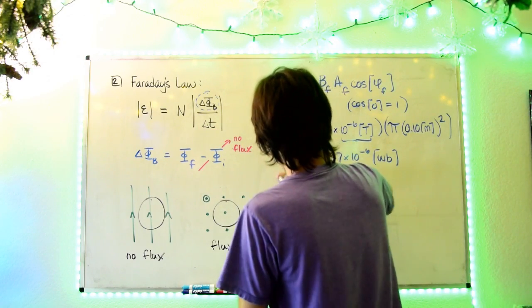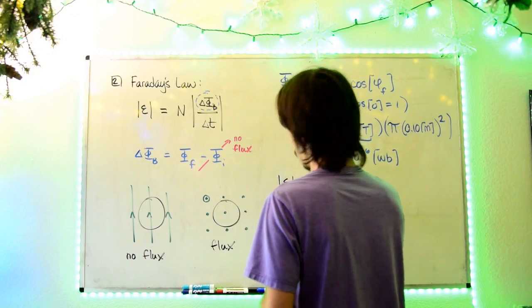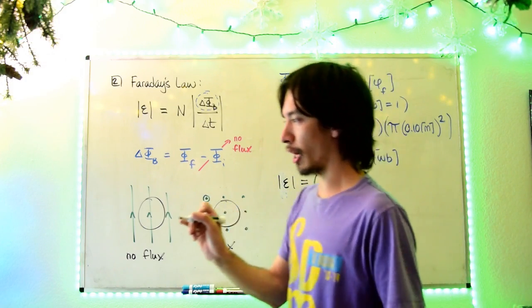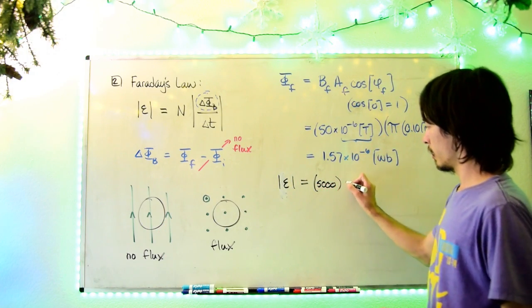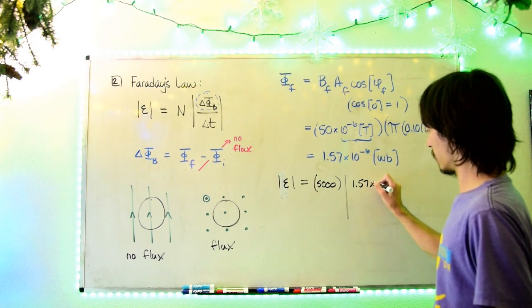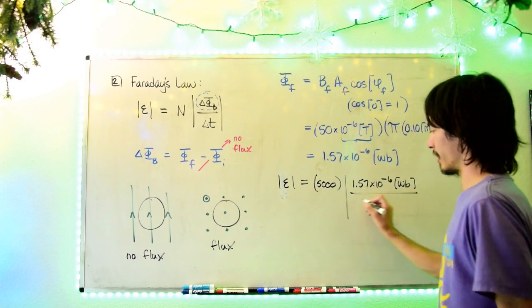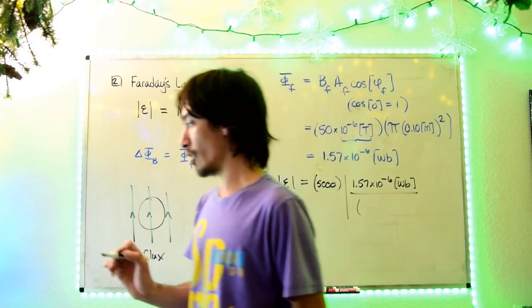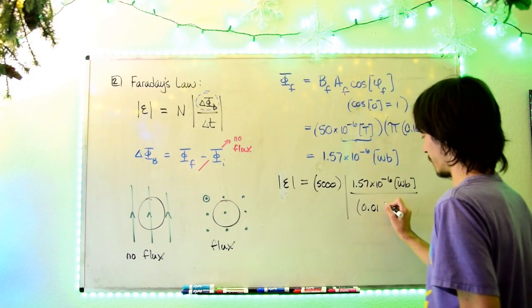So the induced EMF or voltage is number of loops. In this problem, it's 5,000, no units. And then we have a change in flux of 1.57 times 10 to the minus sixth Webers, divided by the time that we're changing this over, which is 0.01 seconds.